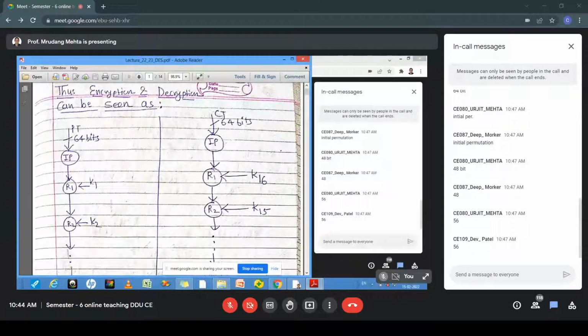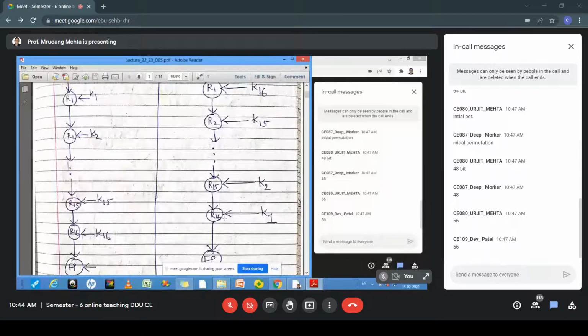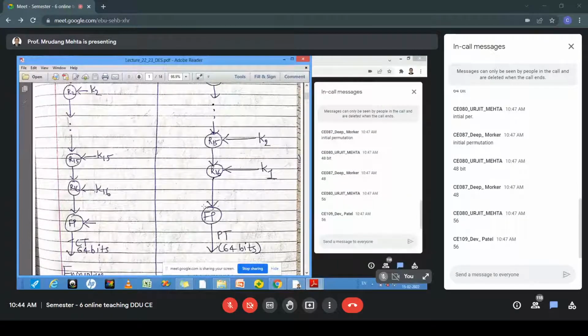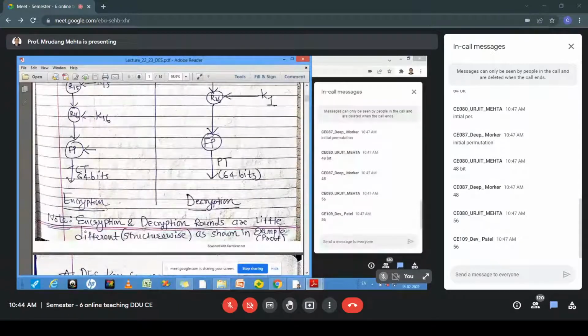And then we have 16 rounds, but in each round the key values are in reverse: K16, K15, and then in the 16th round we have K1, and then we follow the final permutation, which generates the 64-bit plain text. So initial permutation and final permutation are inverses of each other. These are two tables, right?